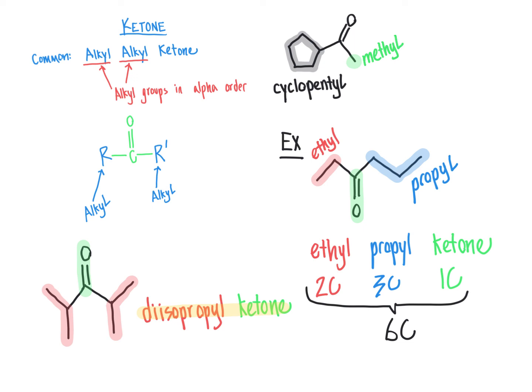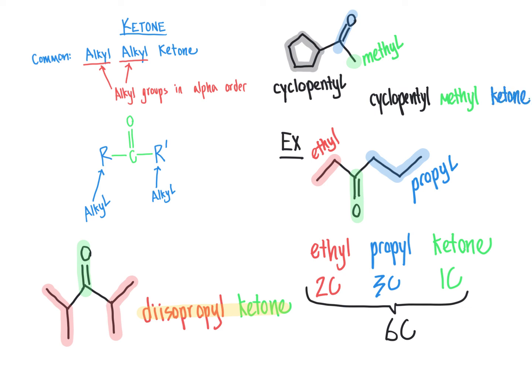Plugging these names in, cyclopentyl versus methyl, would give us cyclopentyl methyl, and then finally, the centerpiece of the molecule, our ketone group, I will plug in here in blue.